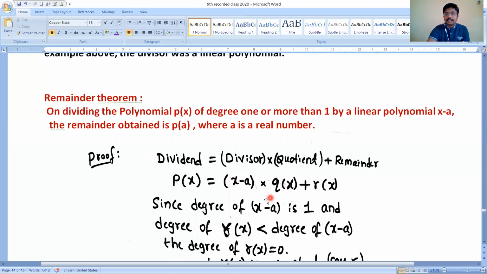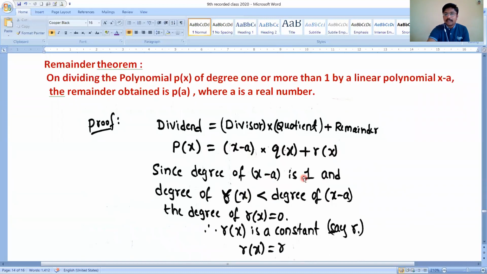Since the degree of x minus a is 1, and the degree of the remainder should be less than the degree of the divisor, the degree of r of x is 0. If it is less than the degree of the divisor, it will be 0. Therefore, r of x is a constant.